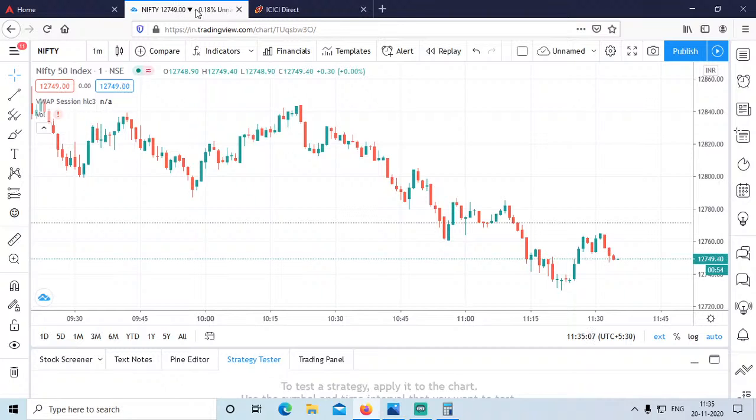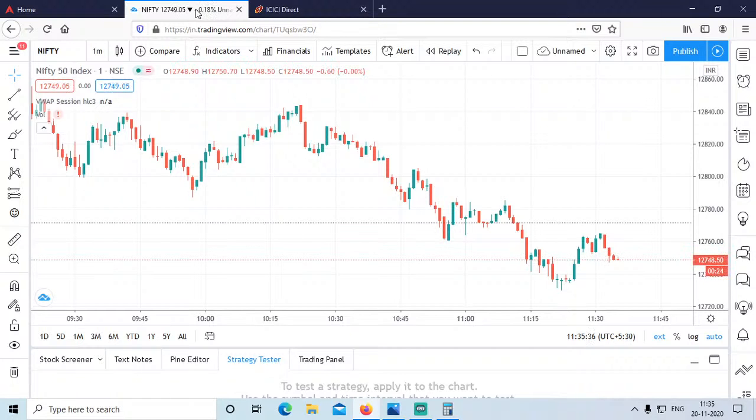because you don't know when the market suddenly goes up or suddenly goes down. You can see very big candles on those days. So people who are beginners, please avoid trading on Thursday. People who are good at analyzing the market can do the trading on Thursday.